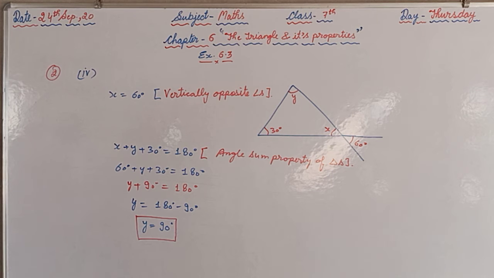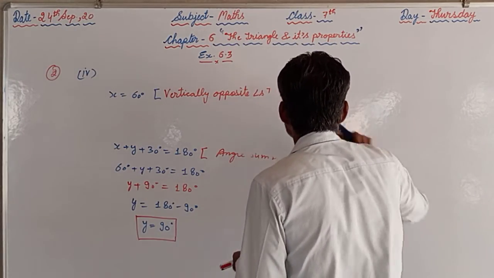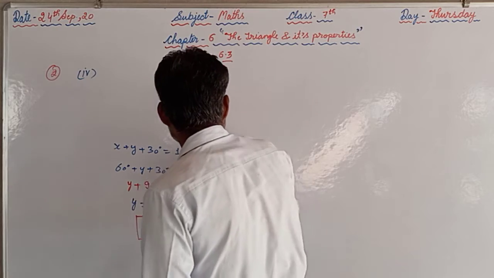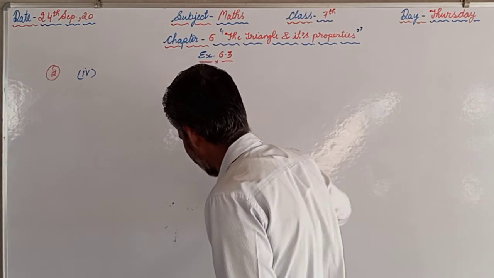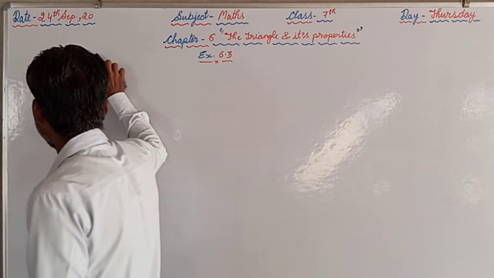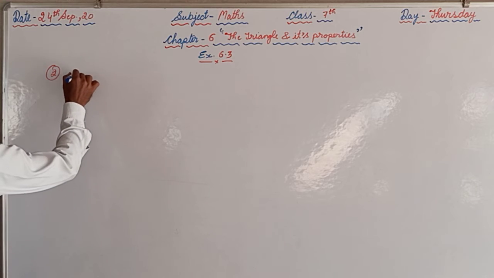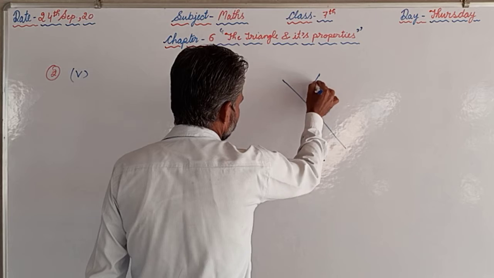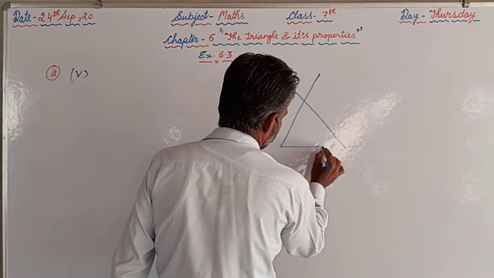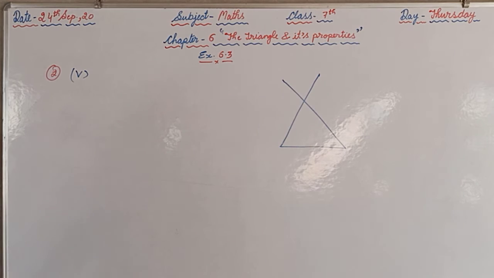After this we are having the next question, that is part 5th. In 5th part the diagram is given like this, in which the base angles are same.